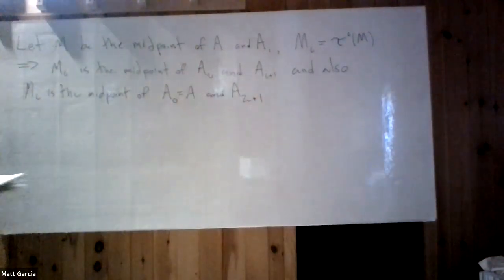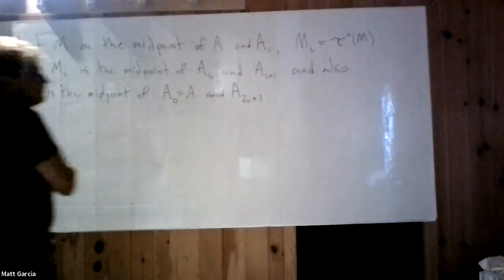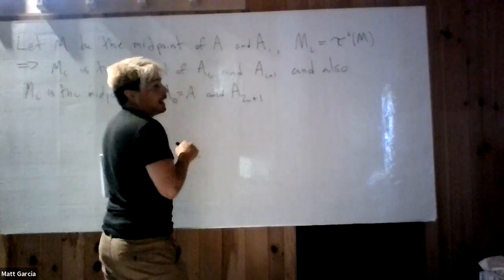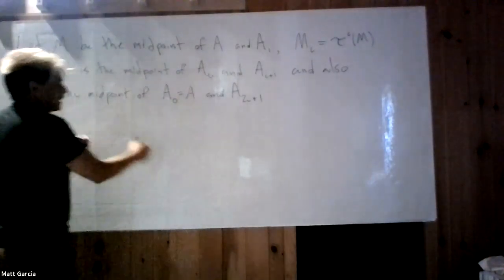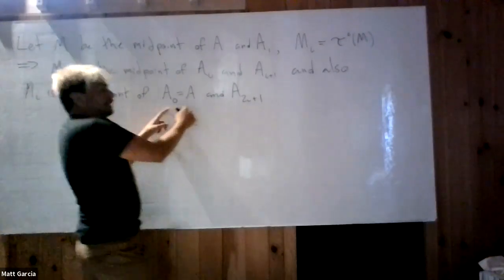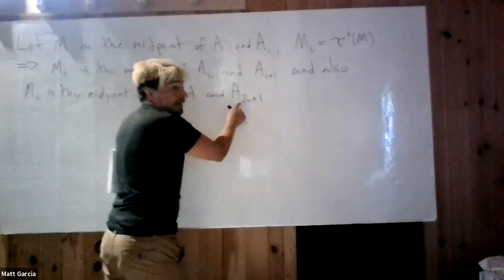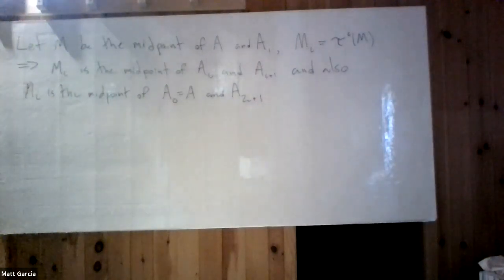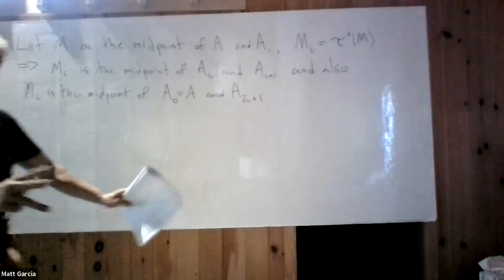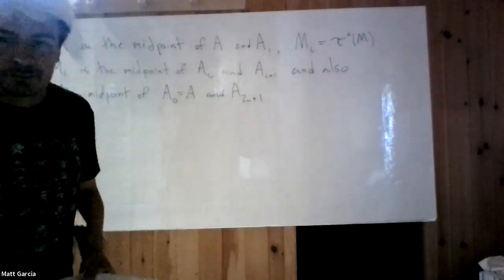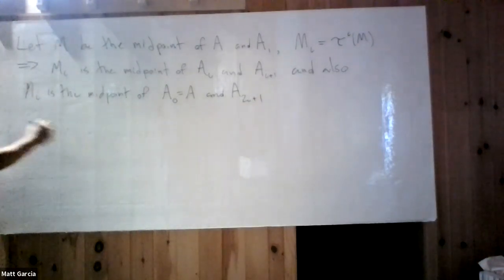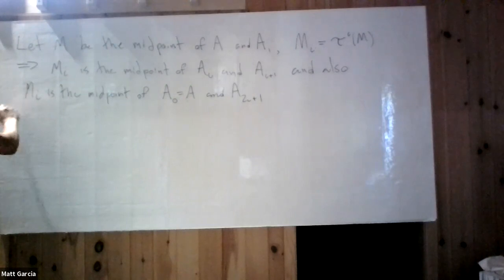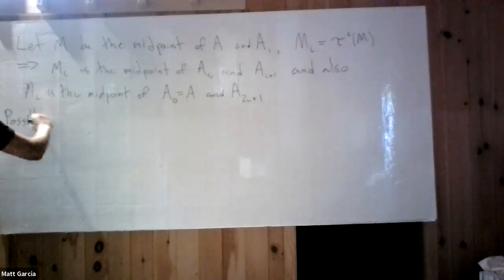So that is to say, if I'm the midpoint of a sub i and a sub i plus 1, well, in fact, I can go all the way back to A and then find something that's equidistant from A to m sub i that is a translation of A. That will come in handy to us. So with that, we're ready to start making our classification of possible freeze groups.